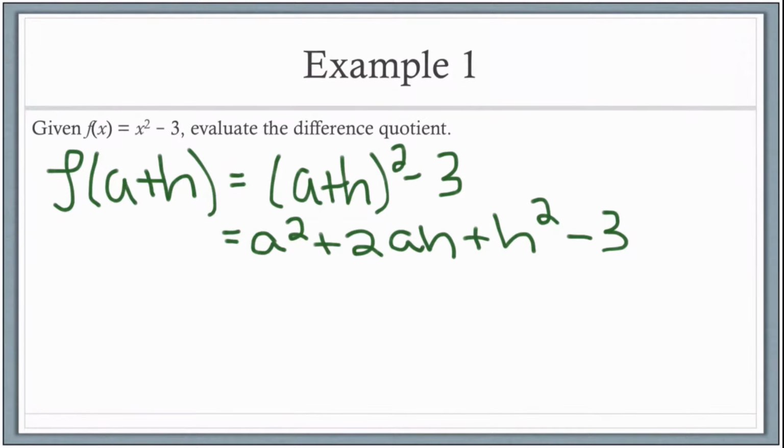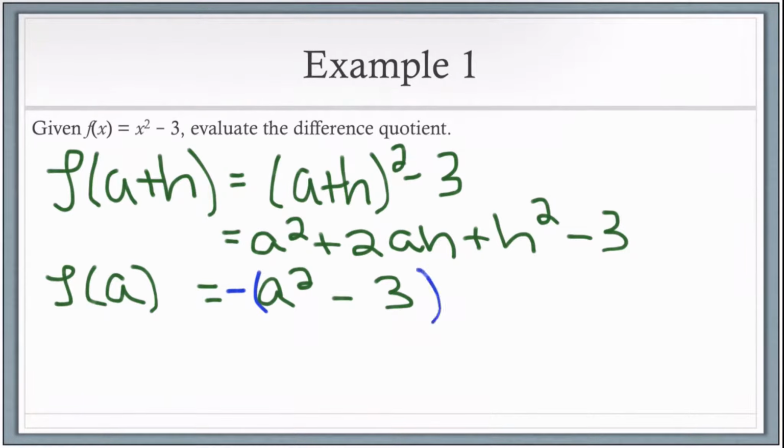The second step is to find what f of a is. Well, f of a is equal to a squared minus 3. Next, we want to subtract the two. So I can do that very easily right here.